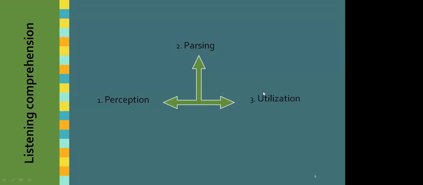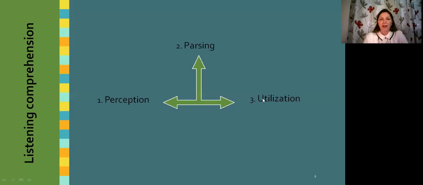And utilization is the 3rd stage, and that's when mental images are connected to previous knowledge and they're stored in long-term memory. That's how listening comprehension happens. And these 3 processes are not organized in time all the time. They overlap often.